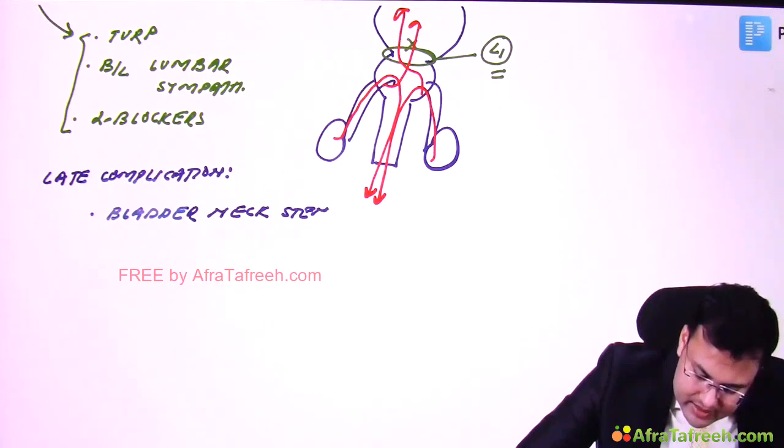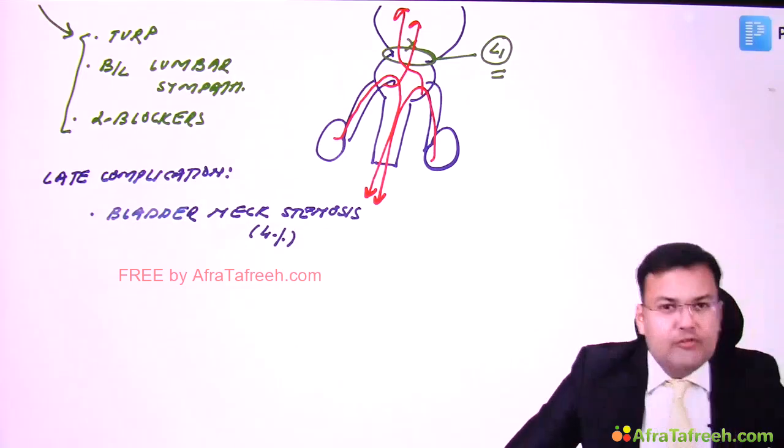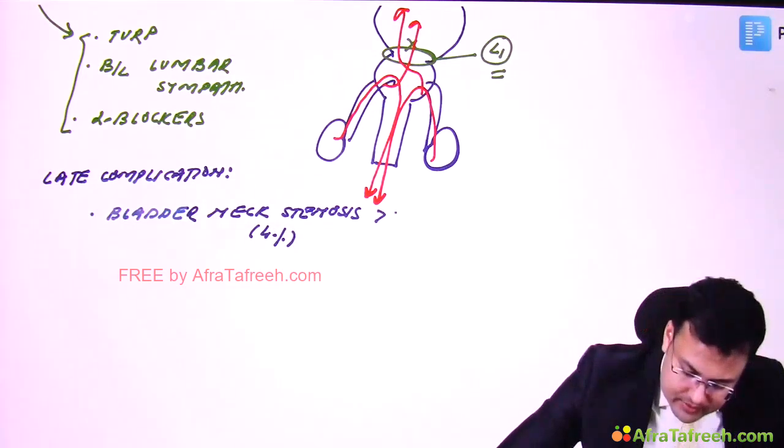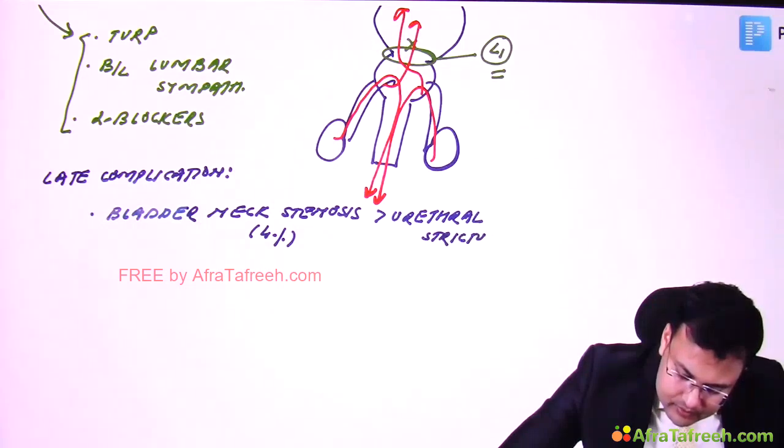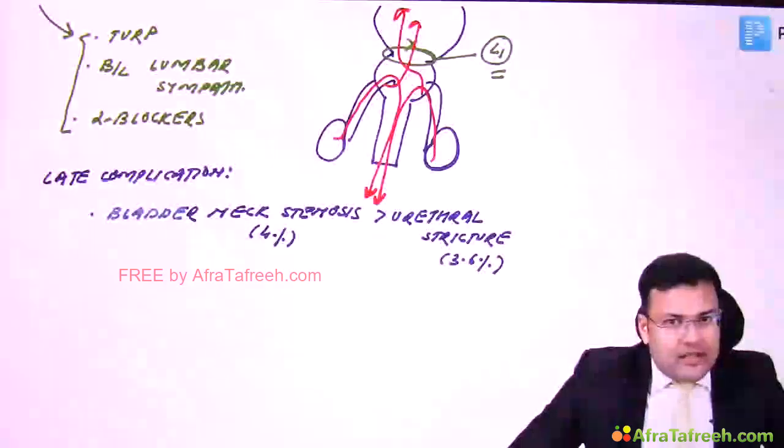It is seen in 4% cases, followed by urethral stricture, which is seen in 3.6% cases. Clear?